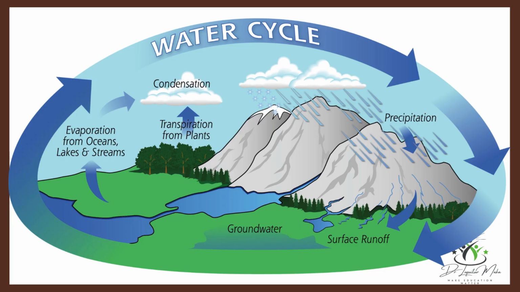So the activities of producers, consumers, and decomposers all contribute to the constant movement or recycling of these nutrients. So that's why we are saying this is a nutrient cycle. Does it make sense?